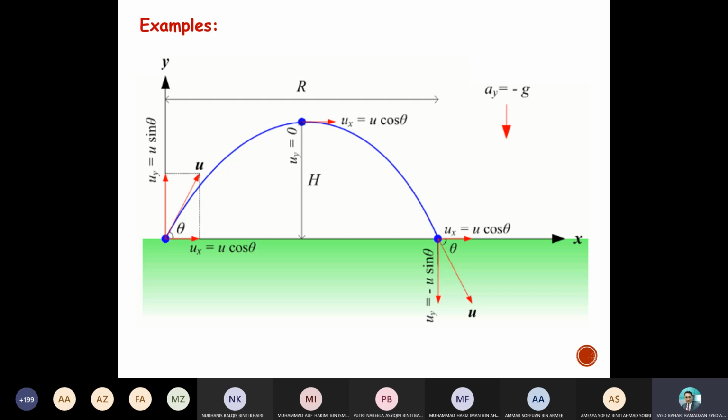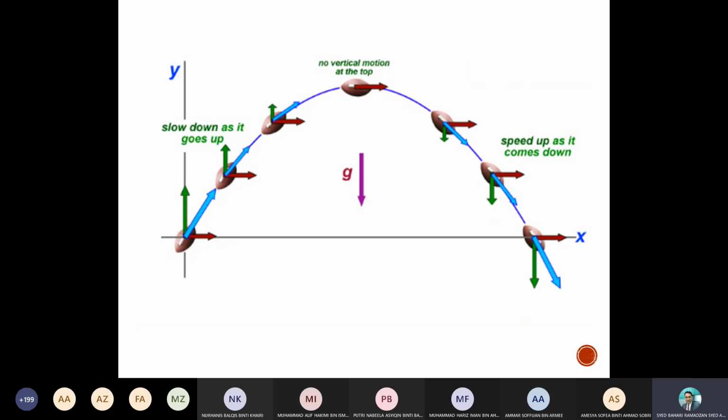If we look at the other situations, we must focus on two elements. Number one is the green one, the y direction, and number two is the x direction, the red one. If we look at the green one, when it goes upward, it starts to decrease. For example, the initial velocity decreases and decreases, and at the top it is equal to 0.